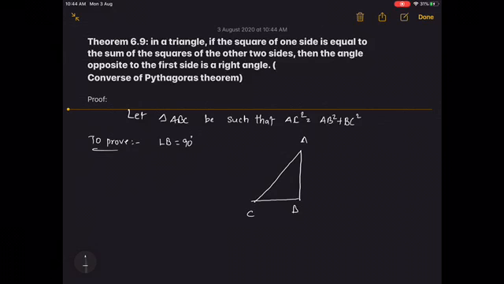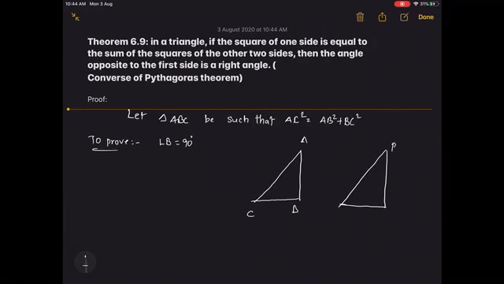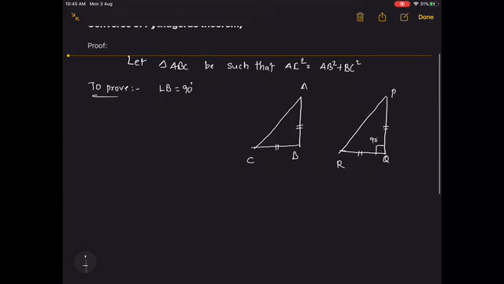Now let us construct another triangle PQR such that AB is equal to PQ, BC is equal to QR, angle Q is 90 degrees. These are the conditions of construction. So we'll construct in such a way that the new triangle is having some relation to the already existing triangle.